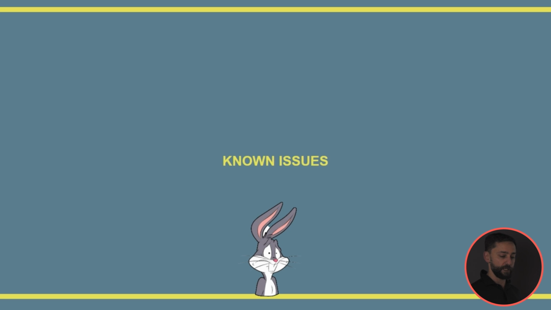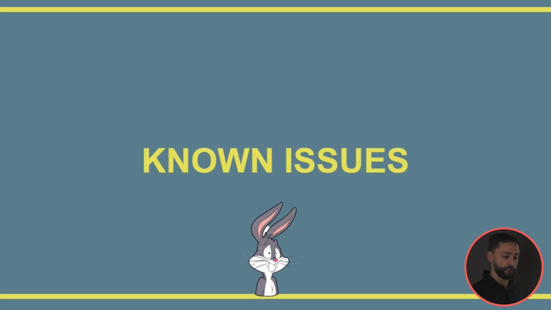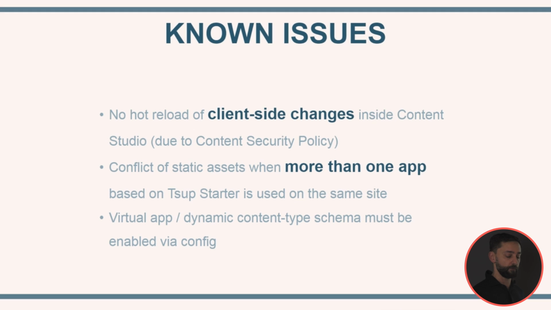Known issues that we have, briefly. There is no hot reload of client-side changes inside Content Studio because it's limited by content security policy. It can be done, we just didn't get around to do that, but it works outside. So it works in admin tool, it works in preview, and of course live mode.